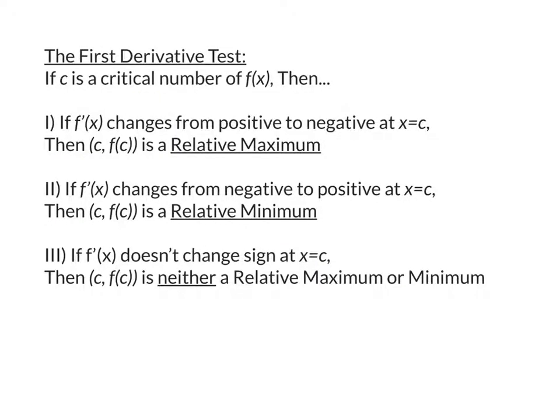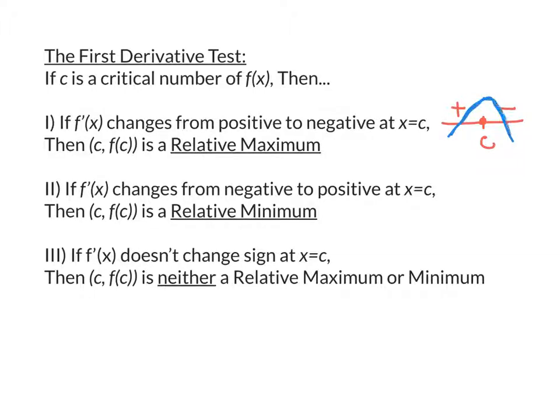Technically, the first derivative test says that if c is a critical number of f of x, then if f prime changes from positive to negative at c, so looking at a sign chart, if we know that the derivative is 0 or undefined at c, and it changes from positive to negative, then the original function went from increasing to decreasing.